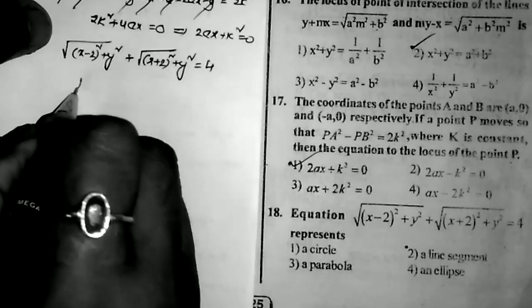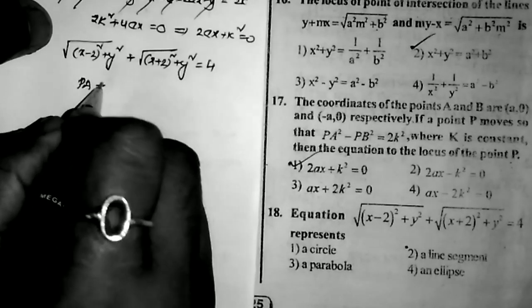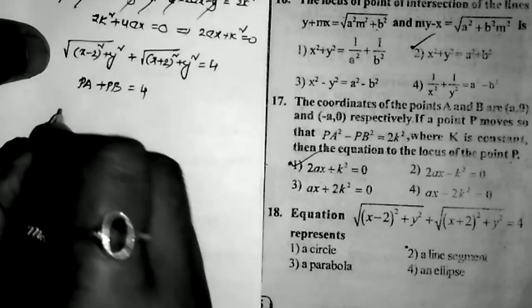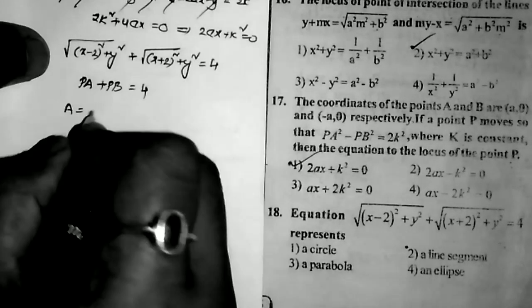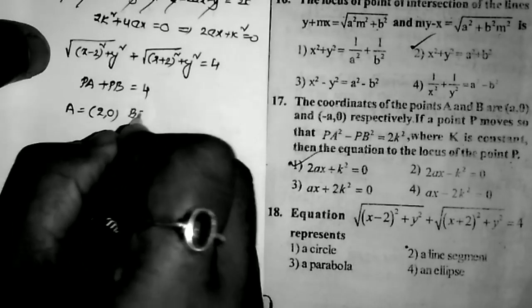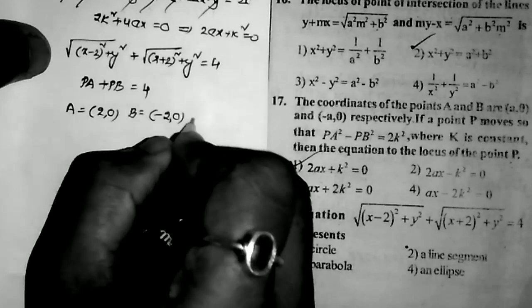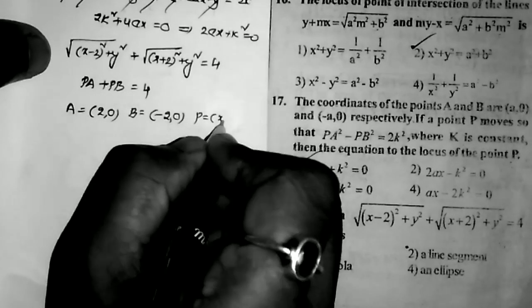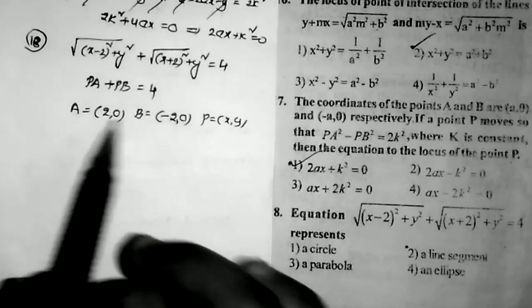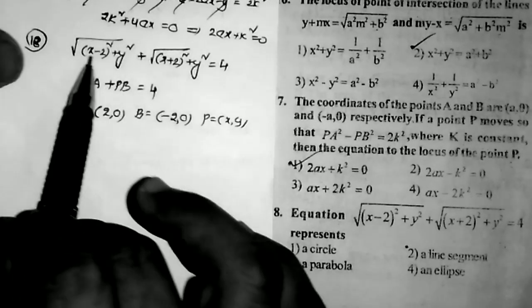See here, this is nothing but the PA distance. This is in the form of PA + PB = 4. What is the A point here? A = (2, 0). So clearly from this equation we can tell that A = (2, 0), B = (-2, 0) and P = (x, y). So what is the PA value? √((x - 2)² + y²), which is nothing but this value.